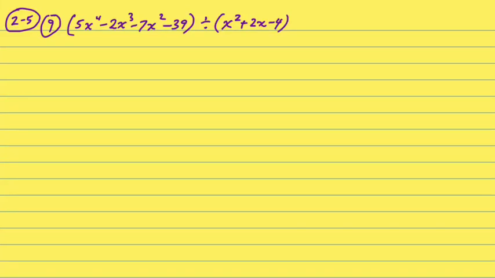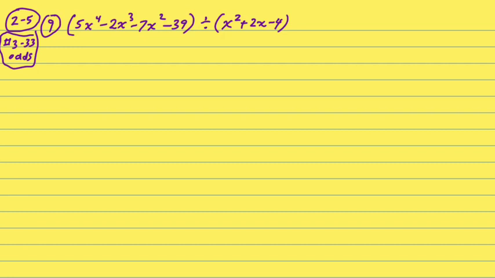Okay, here's some problems from the assignment in 2.5. In 2.5, we were doing 3 to 33 odds. And here are some of the questions that were asked. 5x to the fourth minus 2x to the third minus 7x to the second minus 39 divided by this. Because this is not basically x minus 6, not a linear thing, I cannot do it through synthetic.